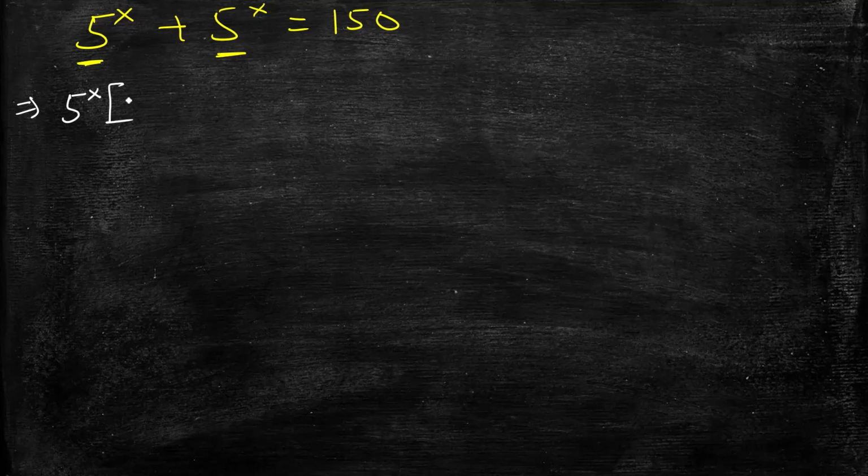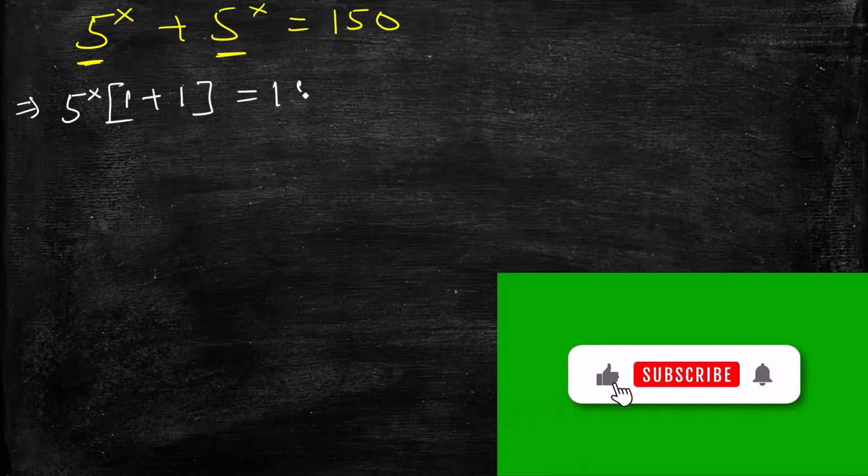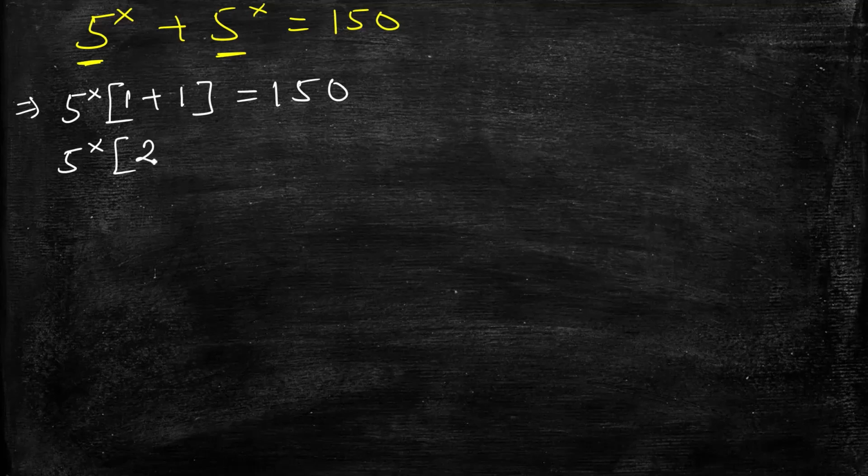So this side will leave 1 plus 1 equals 150. So we have 5 raised to x times (1 plus 1), so 1 plus 1 is 2, equals 150. So let's divide both sides by 2.